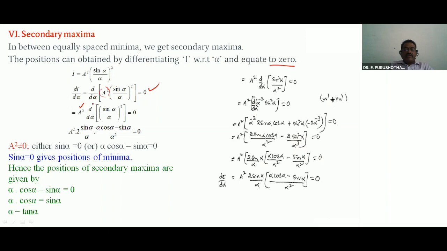I am writing here d by d alpha, sine alpha by alpha, whole square. We can write sine square alpha. After that, you can see here.